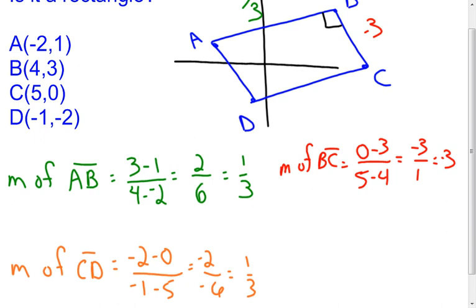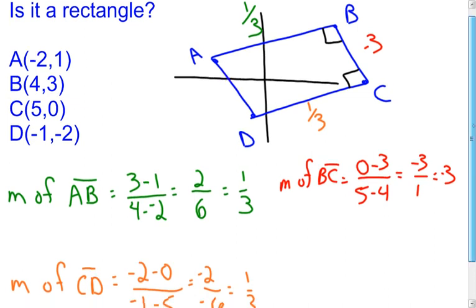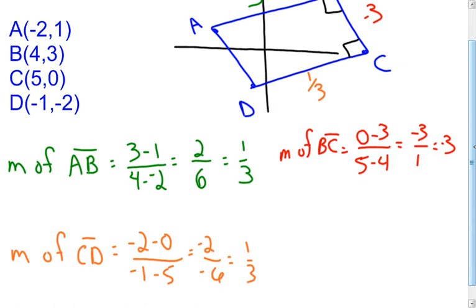And I would say this is looking more and more like a parallelogram. I now see that I have one set of opposite sides that are parallel. I also look here at this slope and this slope. Well, opposite reciprocals, therefore those two segments are perpendicular, which means I'm going to have a right angle there. Now it's just a matter of, are angle A and angle D right angles? I can figure that out doing one more slope.